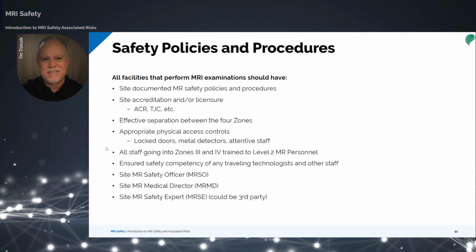All staff going into zones 3 and 4 trained to level 2 MR personnel, which we'll discuss next. Ensured safety competency of any traveling technologists and other staff, site MR safety officer or MRSO, site MR medical director, MRMD, and also a site MR safety expert, MRSE, which could also be outside the organization as a third party.